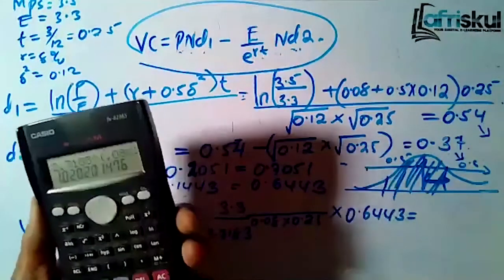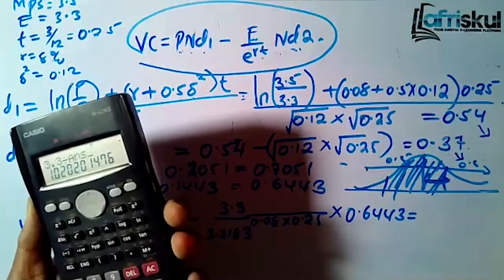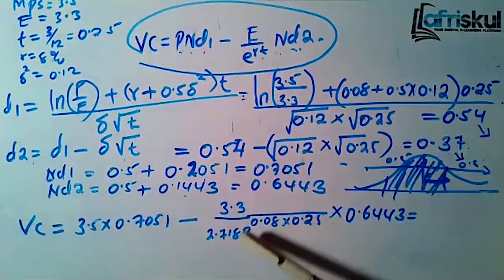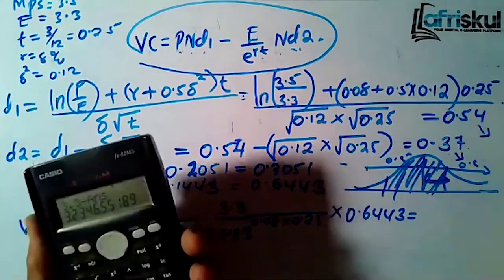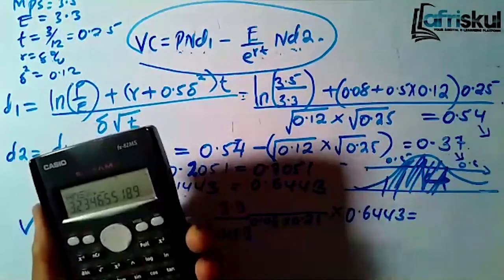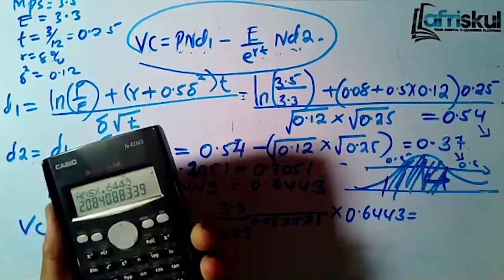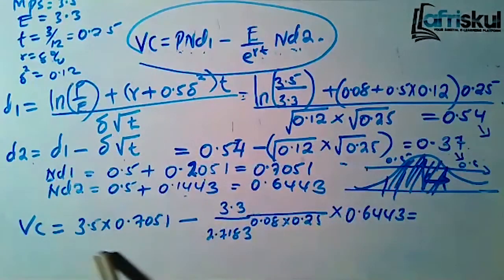Then I take 3.3, I divide by the answer. So that means I have this divided by this. Then you multiply by 0.6443. You get that.